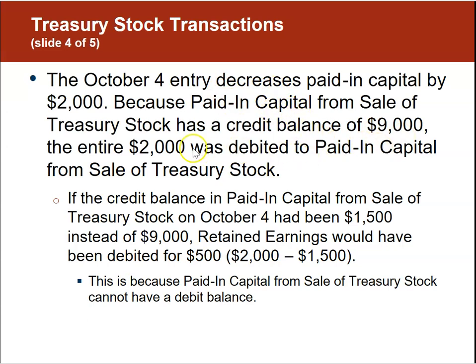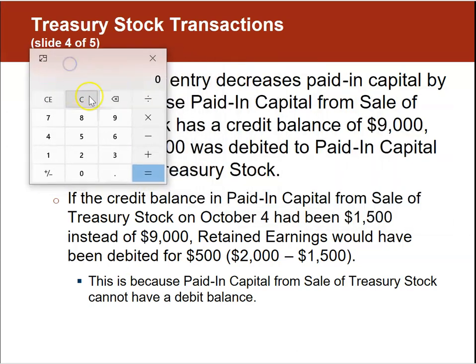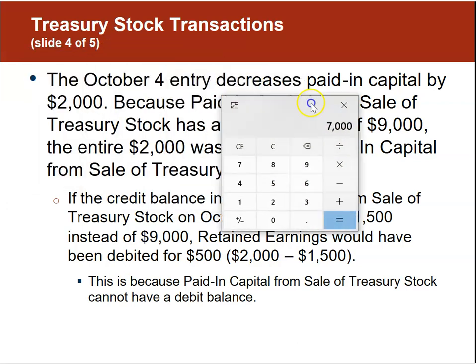What we would do is debit the entire $2,000 to paid-in capital, and the net increase in paid-in capital for the investors, or the increase in stockholders' equity, is going to be the 9,000 minus the 2,000. So those two transactions increased owners' equity by $7,000.